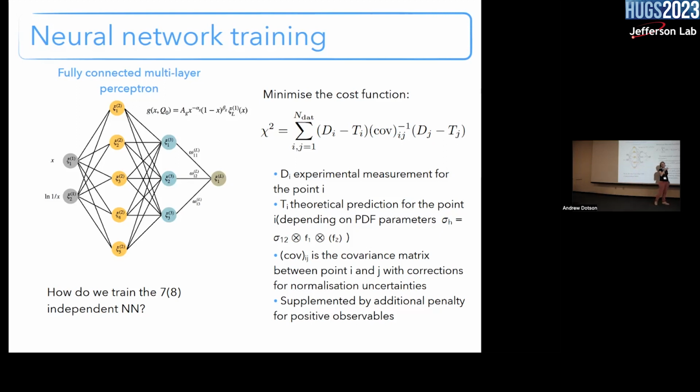And this is the covariance matrix that the experimentalists give us that includes all the statistical uncertainties, the uncorrelated systematic uncertainty, and the correlated systematic uncertainties, okay?